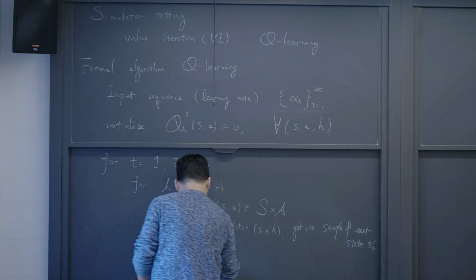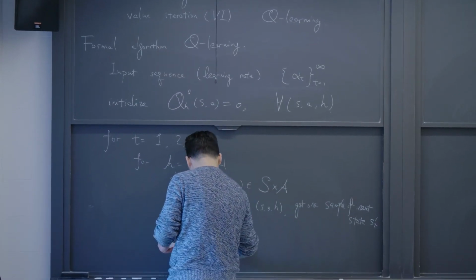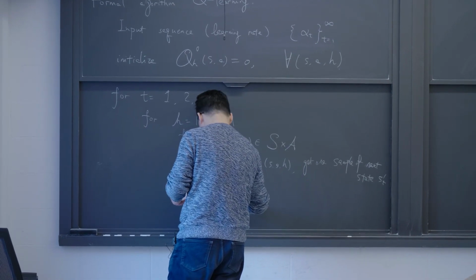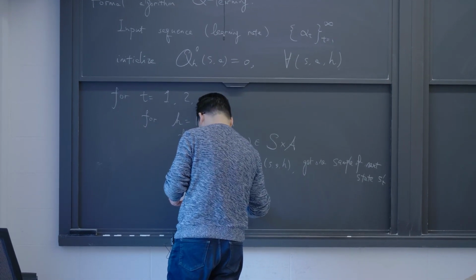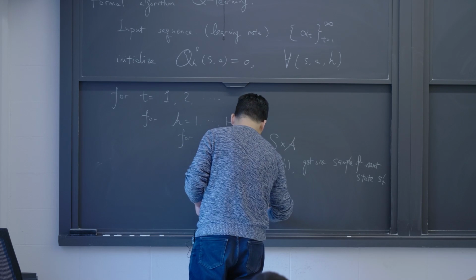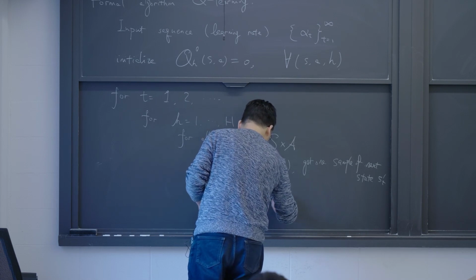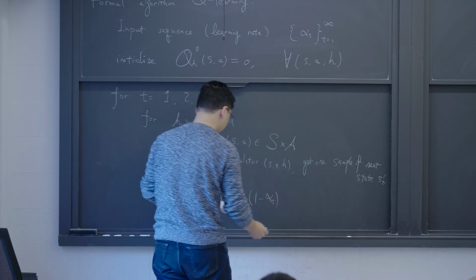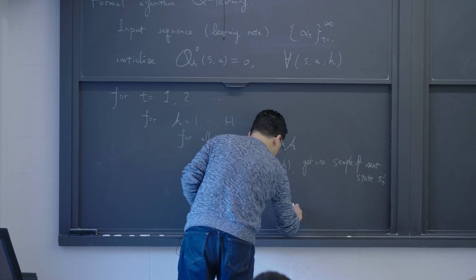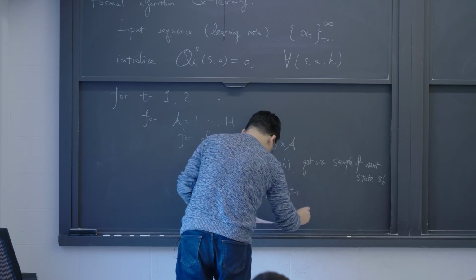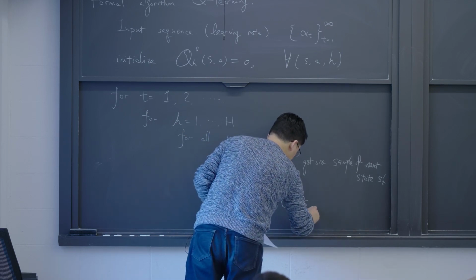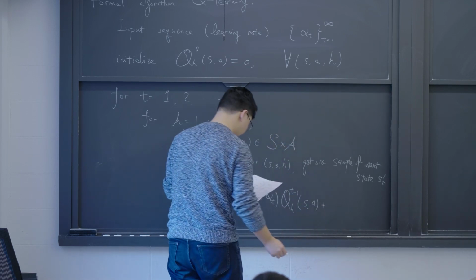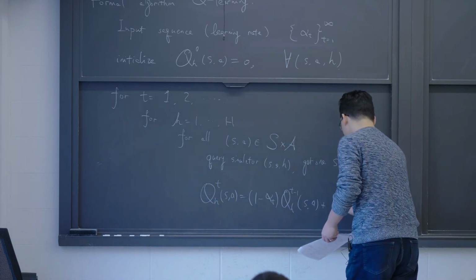Q_h^t(s,a) is equal to 1 minus alpha_t, which is the same update we said last time, that is, 1 minus alpha_t times the previous Q value, plus alpha_t times the new update.